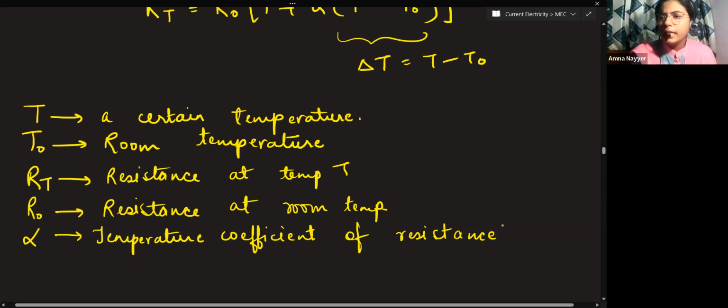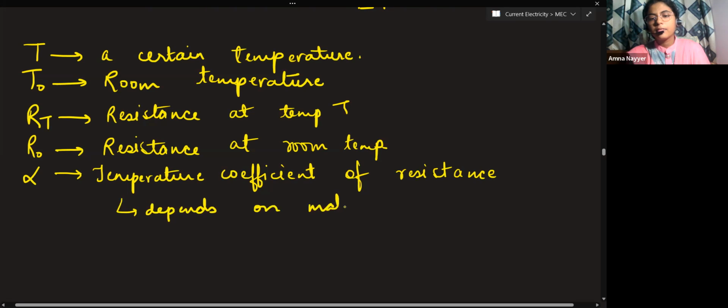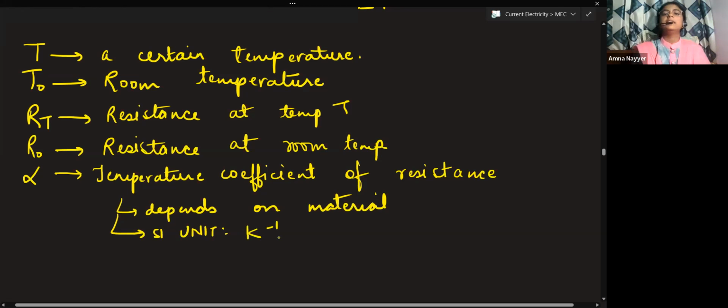So different materials have different values of alpha. Alpha's value will be given in the question, or it can happen that the rest of the things are given and you need to calculate the temperature coefficient of resistance. It depends on the material and its SI unit is Kelvin inverse.